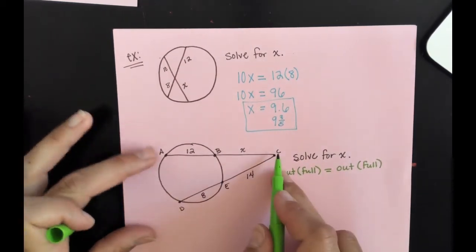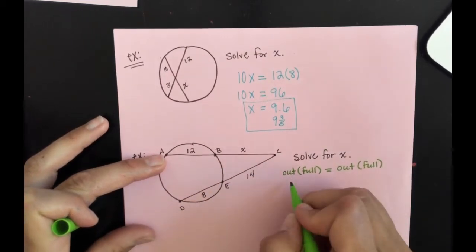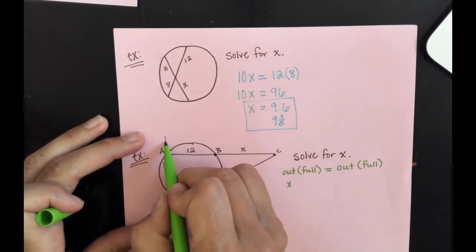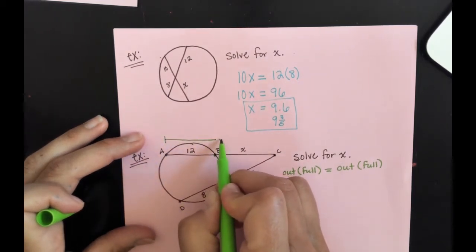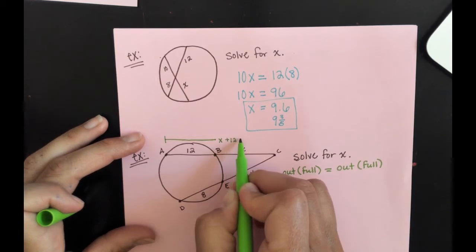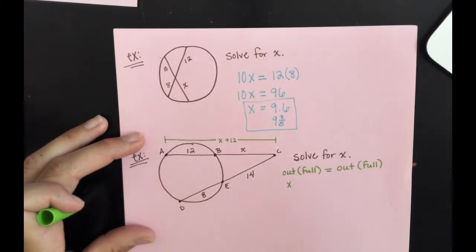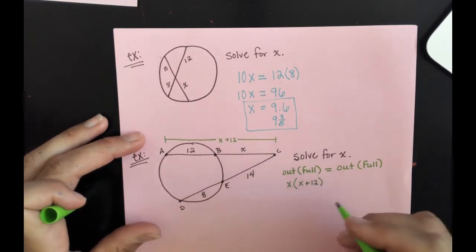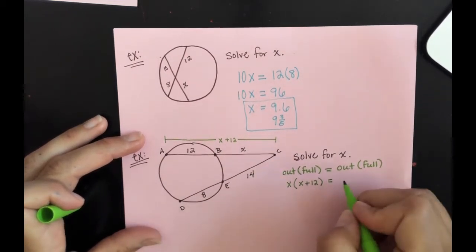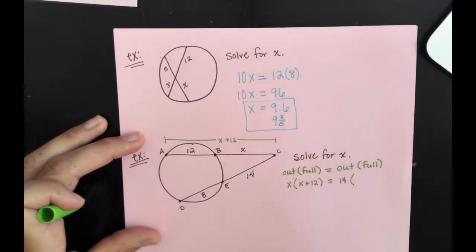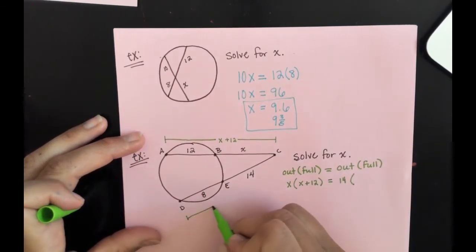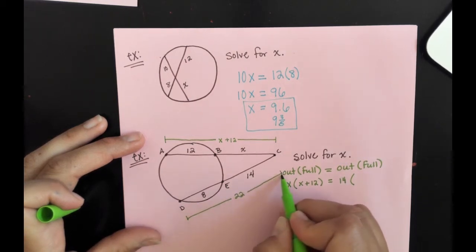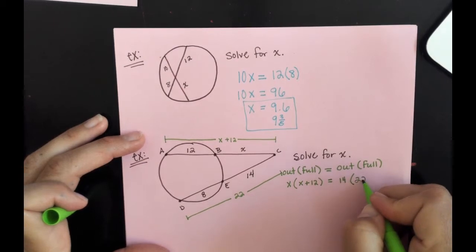Well, the outside over here is X. The full length, we would have to add those together, and that's going to be X plus 12. So I'm going to multiply that by X plus 12. And then over here, outside 14 times the full length, we're going to have to add those together. 14 and 8 is 22. And we're going to multiply those together.